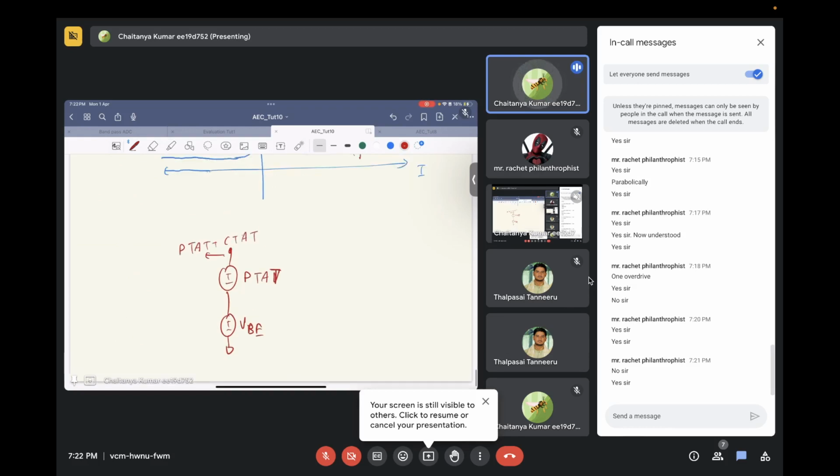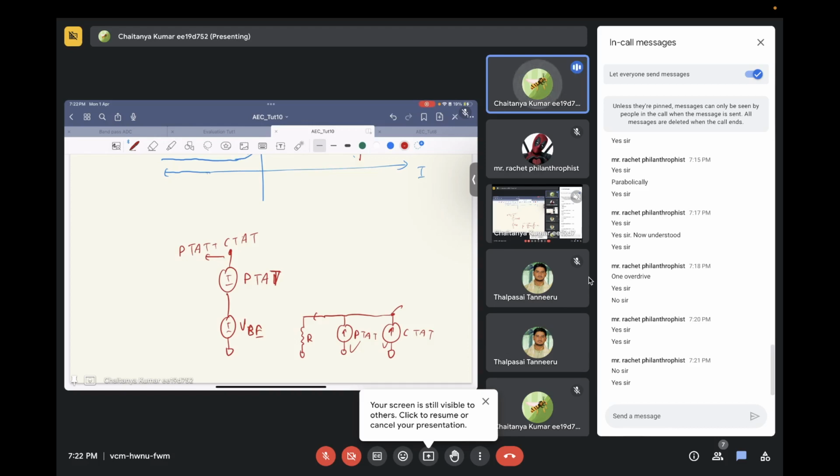Okay, so instead of this, if I do this thing, there is some resistance, PTAT and CTAT. I will need only so much voltage that I can make sure that these two current sources work in a saturation region.